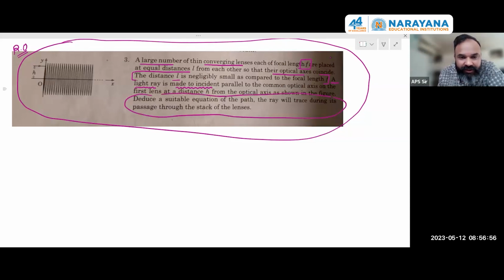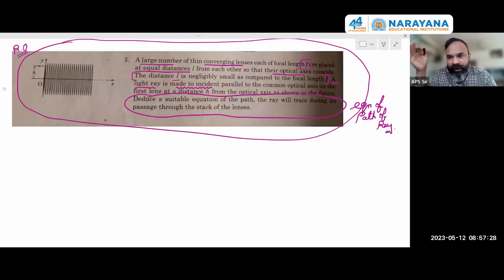The question is, while this ray crosses through all these lenses, which path will it follow, and can you write the equation of the path of the ray? Remember, if not the same question, this type of question is very probable in a top level examination. Whenever a tough question from physics may come in optics, these are the ideas which can be used.